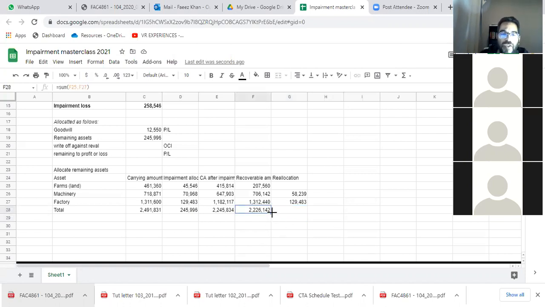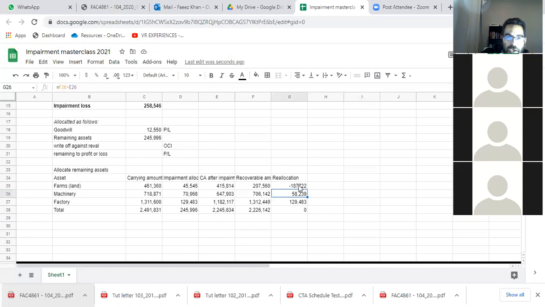So now we can work this out. That comes to 187. Ideally, this needs to be 0. The reallocation must come to 0. So all you do is you take it against any other asset. So we'll take it against the farm.